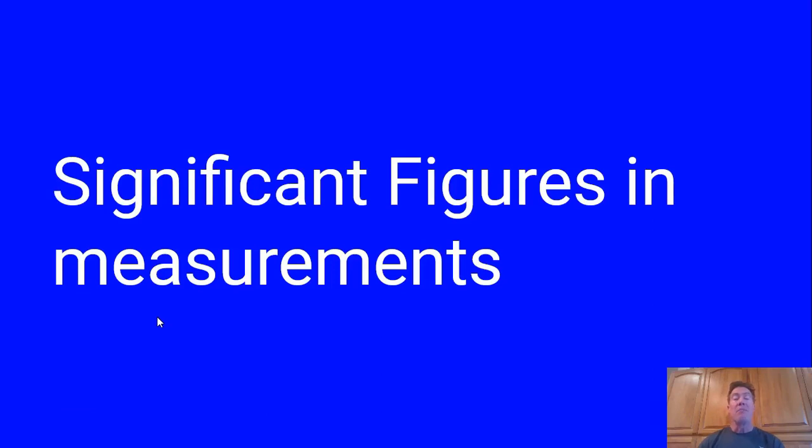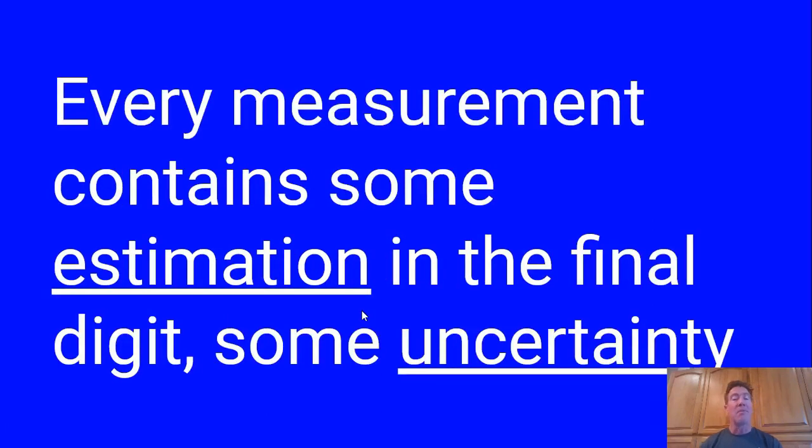Significant figures in measurement. This takes us to the always entertaining issue of significant figures. As I said before, every measurement contains some level of uncertainty, some estimation in the final digit. And that's why we don't include unlimited digits in our measurements.